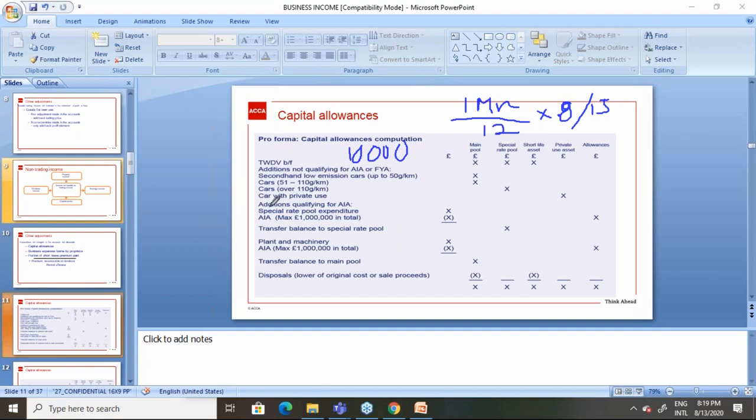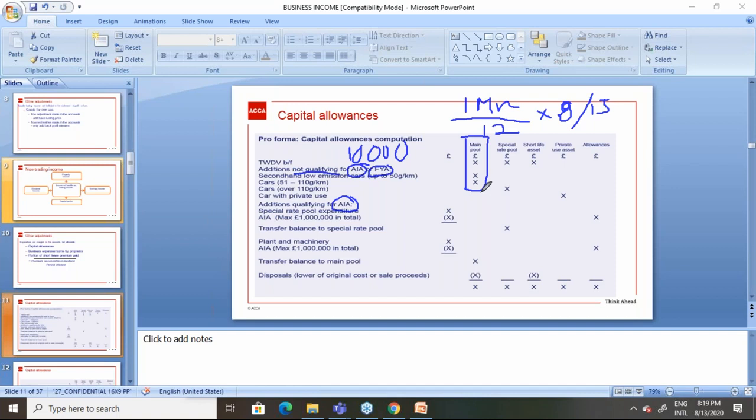First, you can consider the plant and machinery which are qualifying for AIA, and then you can consider the plant and machinery which qualifies for FIA, but there are certain plant and machinery not qualifying for AIA or FIA. Then those assets, those plant and machinery must be included in the main pool.